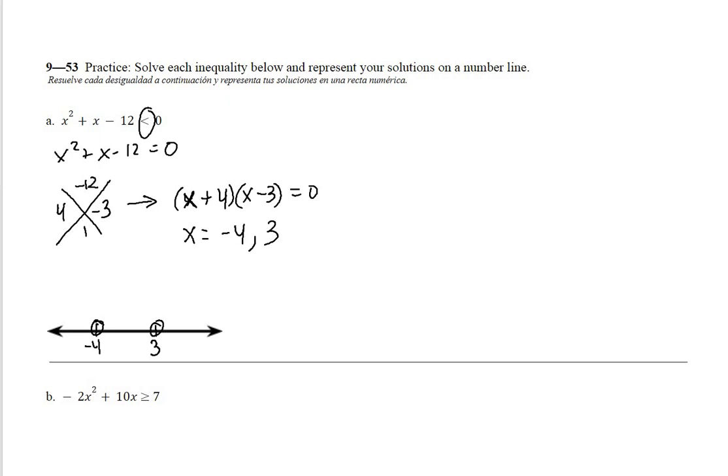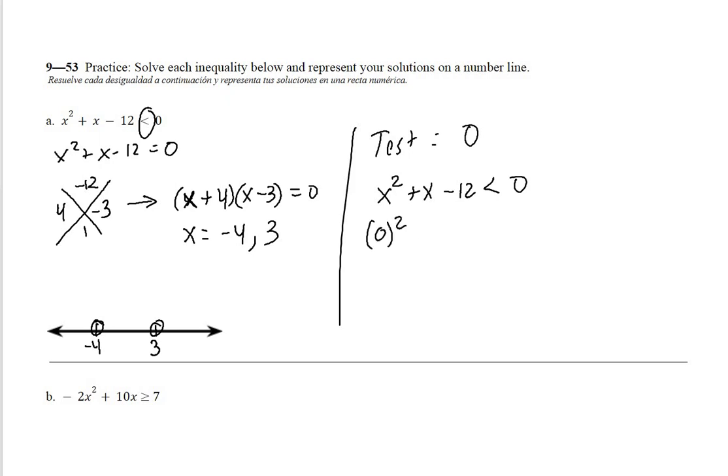Okay, and you could test every region, but I'm just going to test the middle. And if it's not the middle, then it's the outside. So I'm going to test 0. I'm using x squared plus x minus 12 less than 0. Have to plug it into the original equation. Okay, 0 squared plus 0 minus 12.